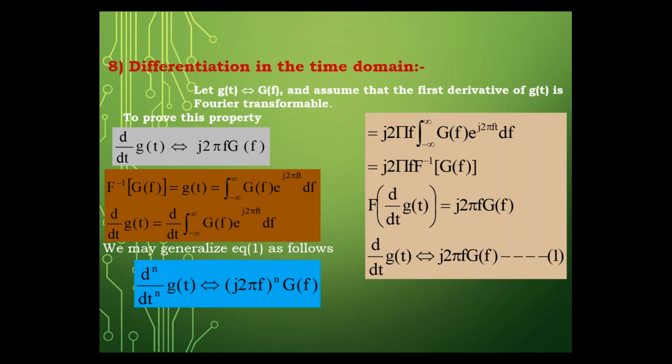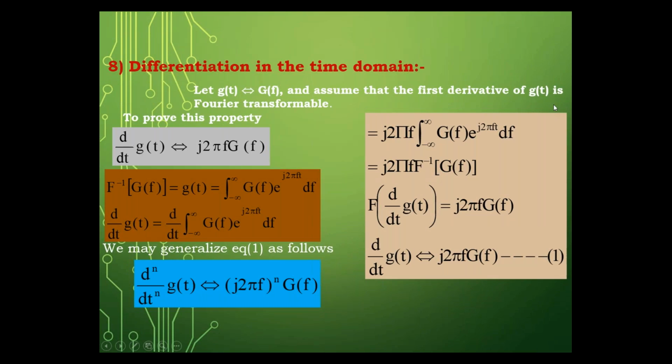Now let us see, when you see this differentiation in time domain, please try to understand. That means you are considering a time domain signal and you are applying the differentiation in time domain. So it is nothing but d by dt of g of t. We know the Fourier transform of g of t is G of f, and the inverse Fourier transform of G of f is g of t. Then assume that the first derivative of g of t is Fourier transformable.